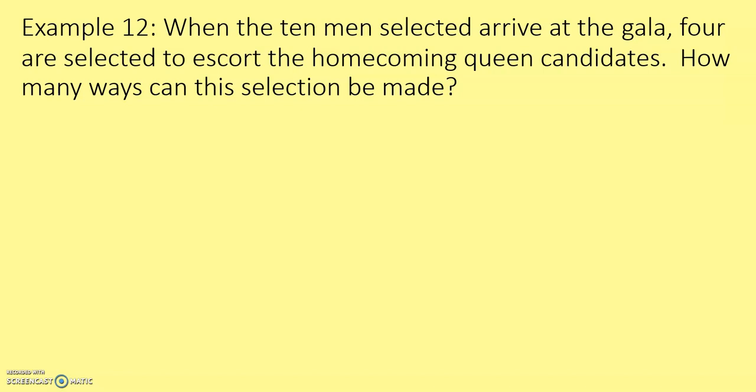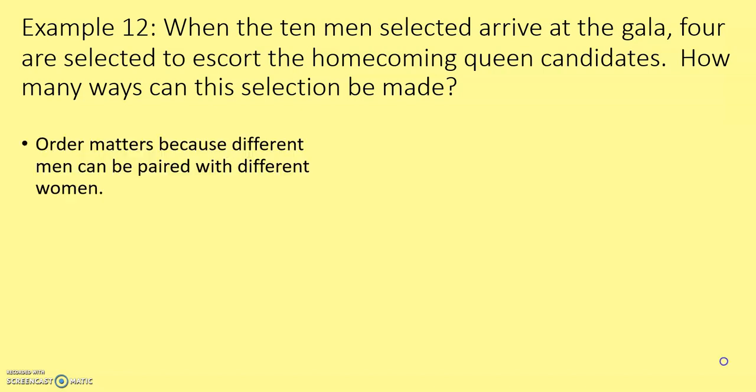Example 12. When the 10 men selected arrive at the gala, 4 are selected to escort the homecoming queen candidates. How many ways can this selection be made? Order matters because different men can be paired with different women. Repetitions are not allowed.